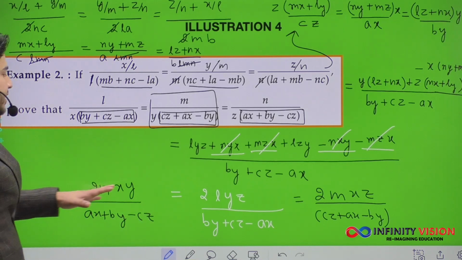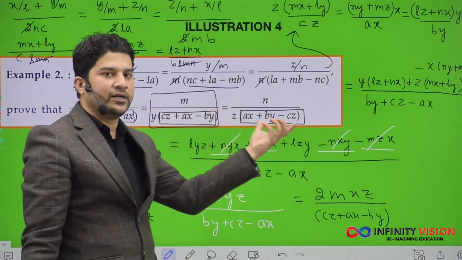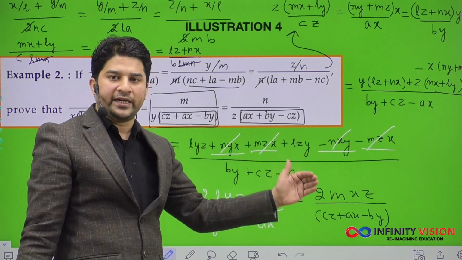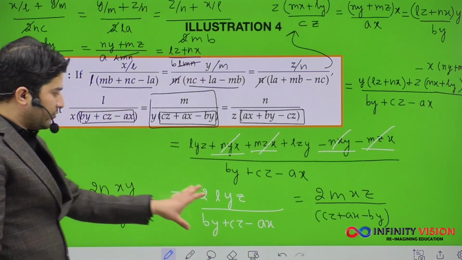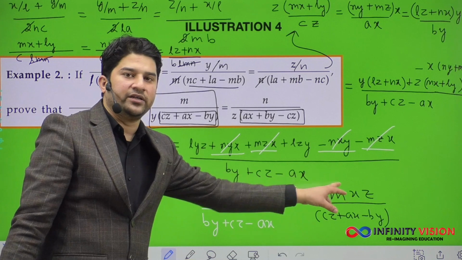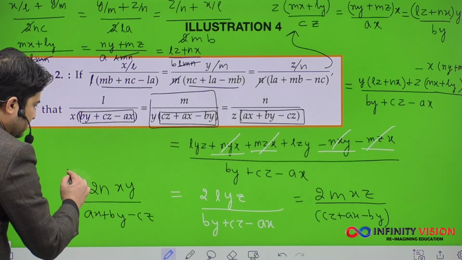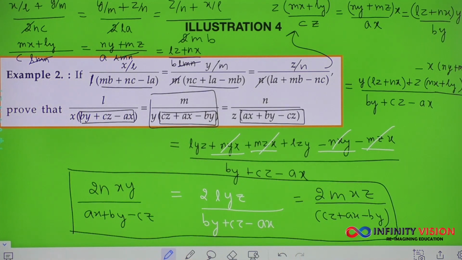So what I did, I just followed the clue that I have to get this denominator, and by creating that denominator, I did the same operations to get my numerator. First I calculated this numerator, and by symmetry I can say the other two would be these two. Now if you focus on this equation, we have got our answer. How? Let's see.